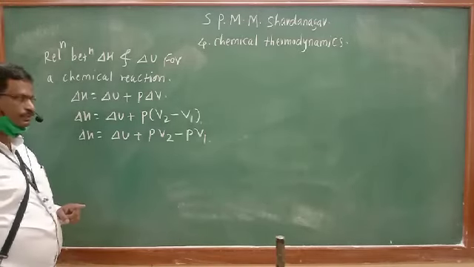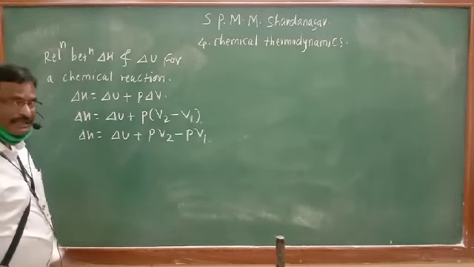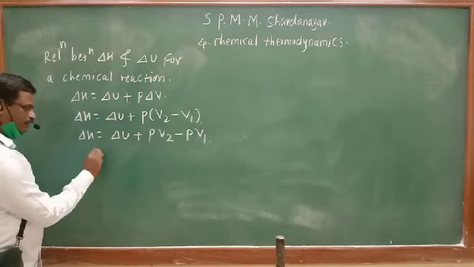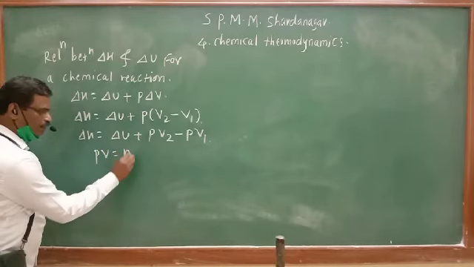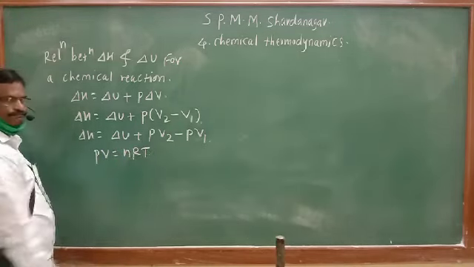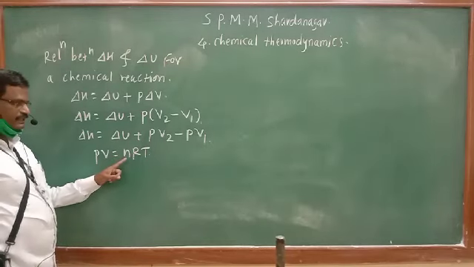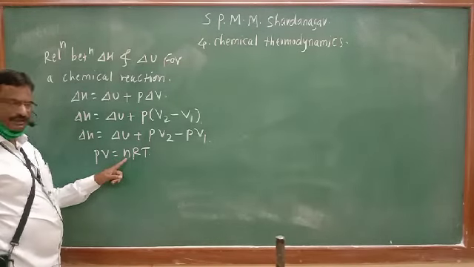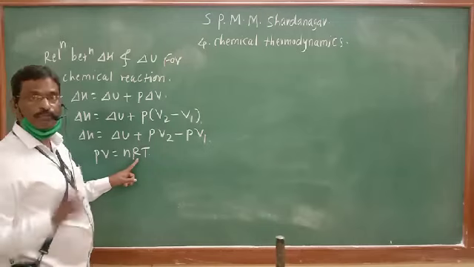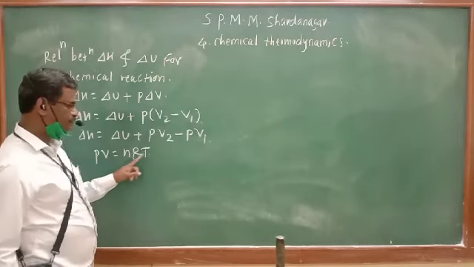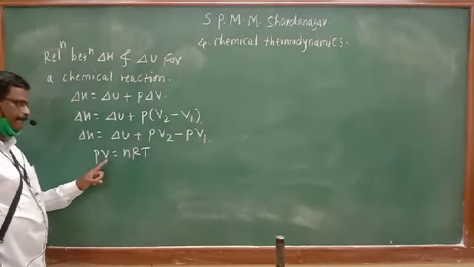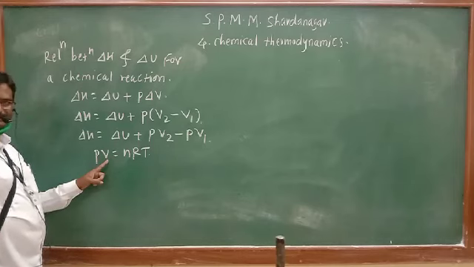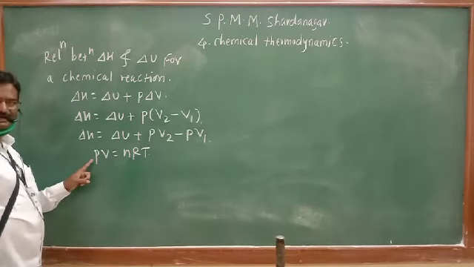Now, for an ideal gas, we know that PV will be equal to nRT. Here, n is number of moles of gases, R molar gas constant, T absolute temperature, V volume of gas, and P pressure exerted by the gas.